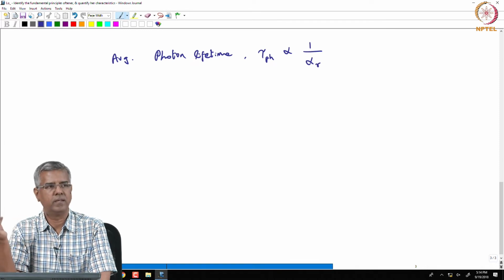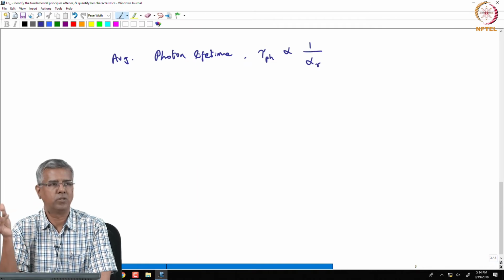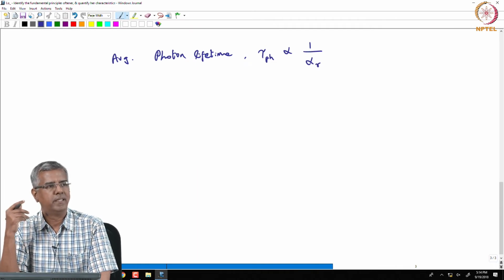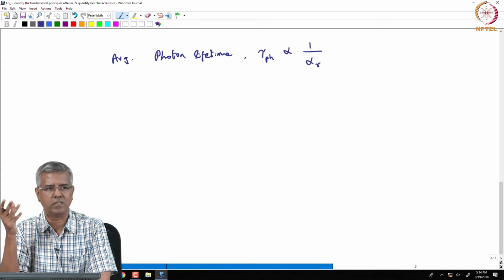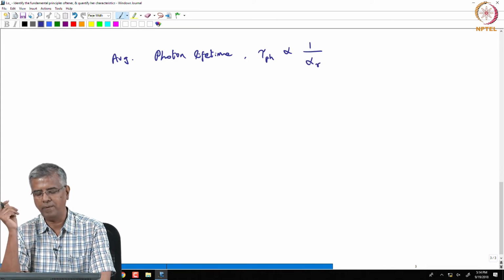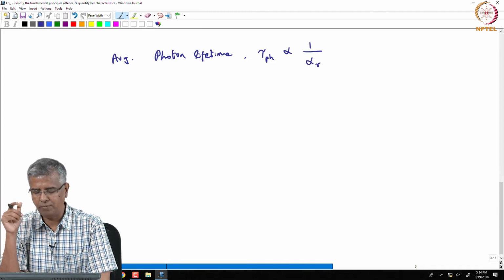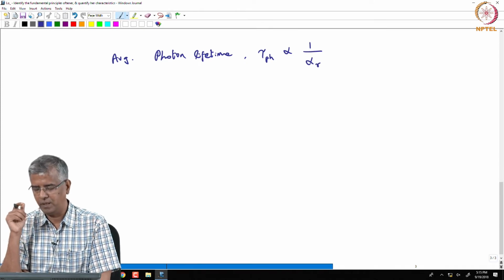On the contrary, if the resonator losses are very high, the photon is going to either escape the cavity very quickly, or the resonator losses could be high because of a lot of background absorption, in which case the photon vanishes because of the background absorption, right. So, the average photon lifetime is going to be inversely proportional to alpha r.